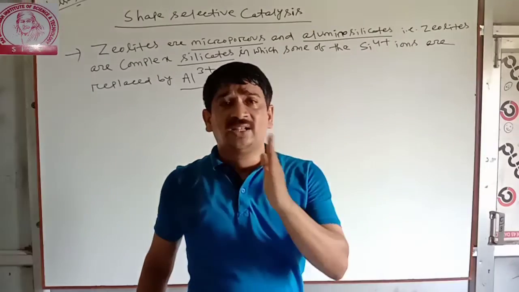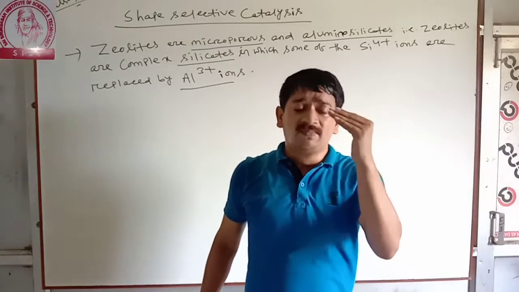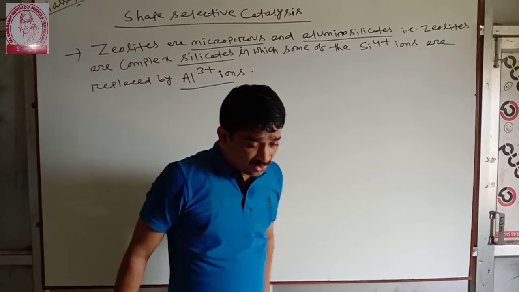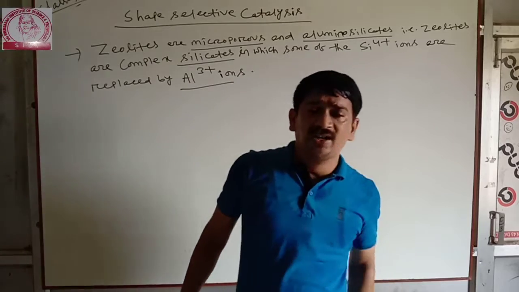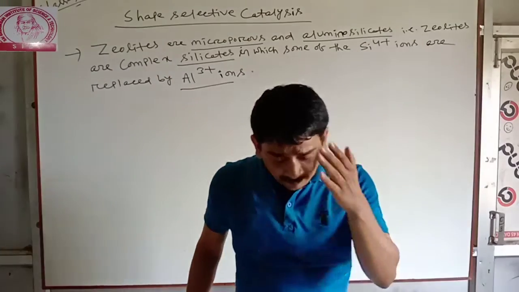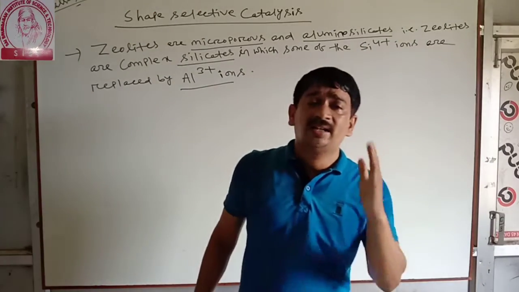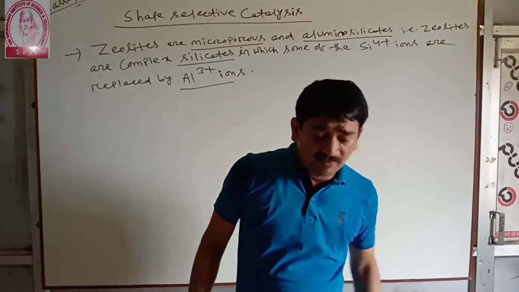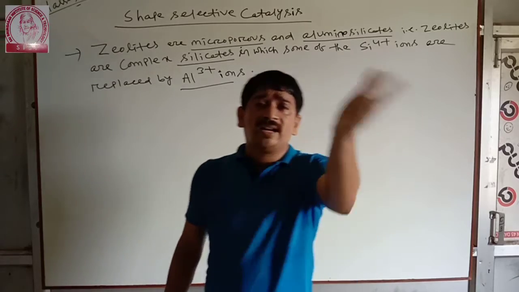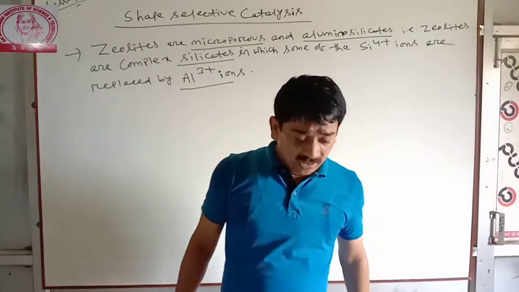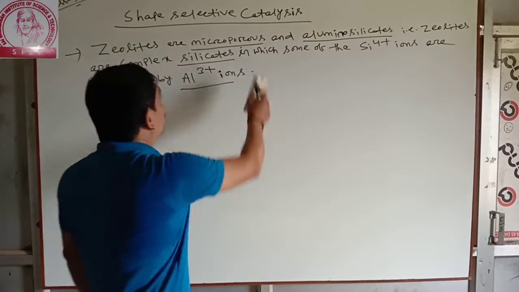Example: cracking or isomerization of hydrocarbons in the presence of zeolite is an example of shape-selective catalysis. Or, an important zeolite catalyst used in the petroleum industry is ZSM-5, which converts alcohol directly into gasoline. Clear? Next is enzyme catalysis.